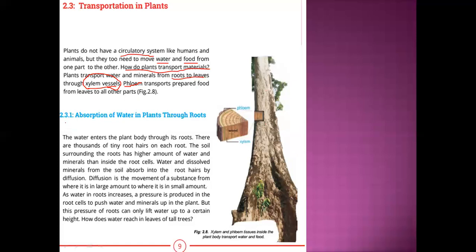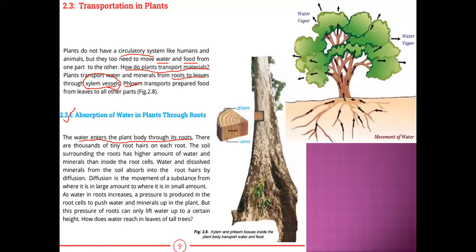The very major step in transportation is the absorption of water in plants through the roots. How does it happen? The water enters the plant body through its roots. If you see in this diagram, water enters the plant body through its roots. There are thousands of tiny root hairs on each root.